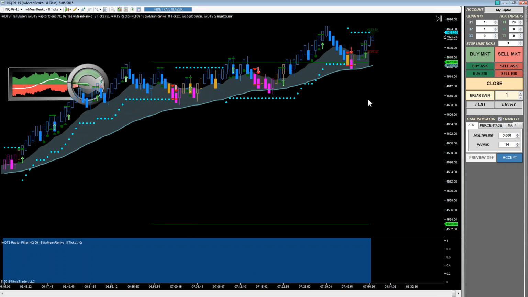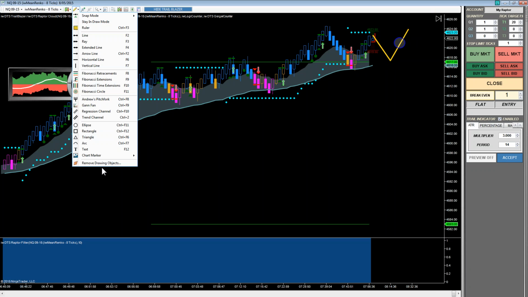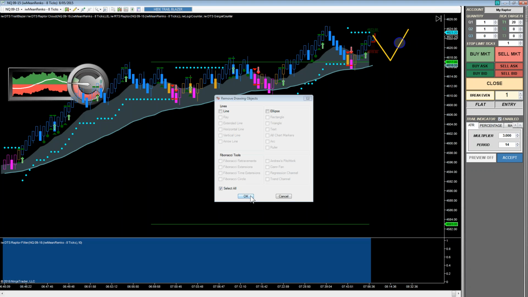So very influential moment here for the NQ. If it comes back now and produces a sell signal, that could be a viable sell. If it comes back, bounces, produces a buy signal somewhere through here, most likely, then that will be a viable buy. We will have had our double pullback into the hard edge, which is one of the Raptor signals that we look for.